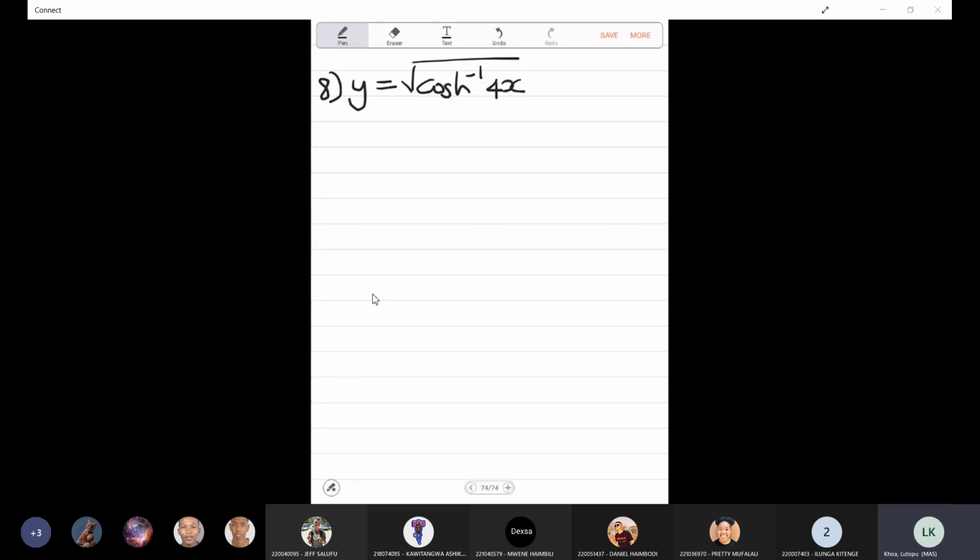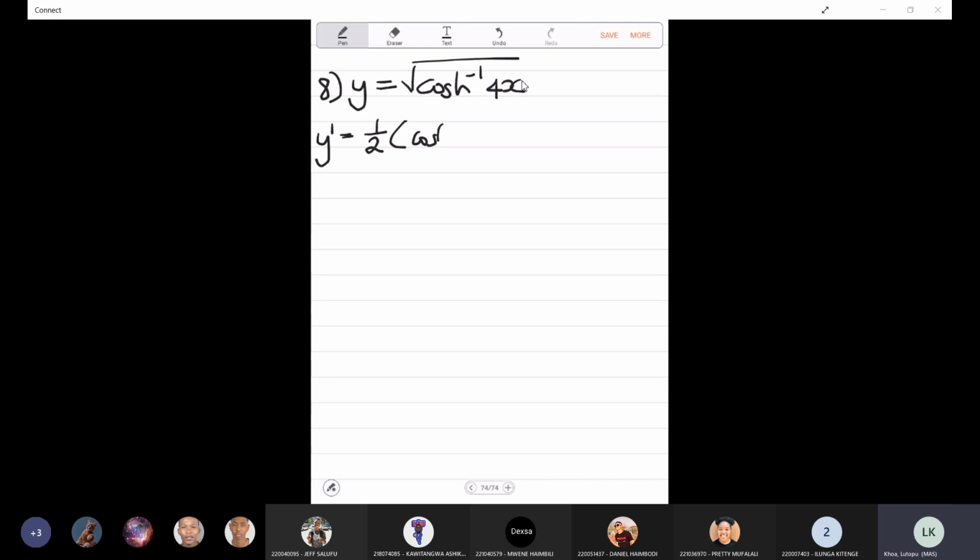So here again we need to make use of the chain rule. So differentiate the outside and then move to the inside. On the outside we have a square root, which is the same as power half. So the half will come down. At the top we'll have negative a half.